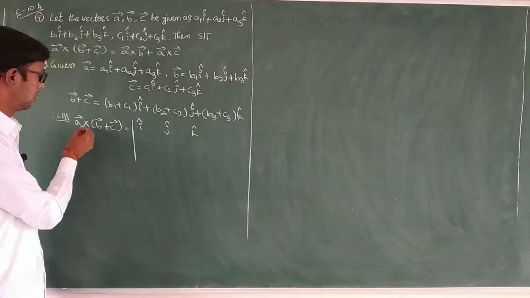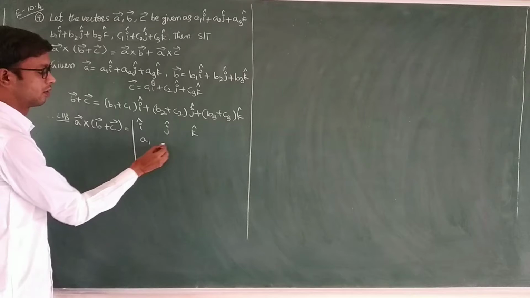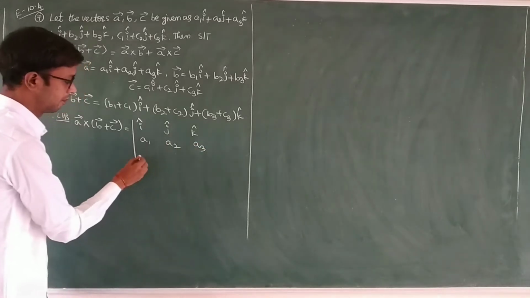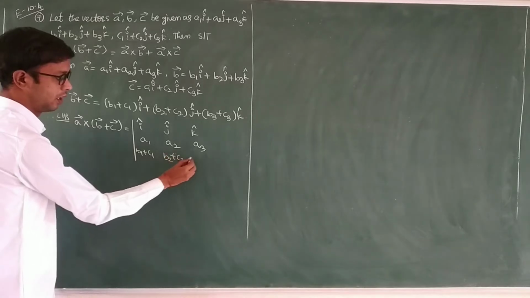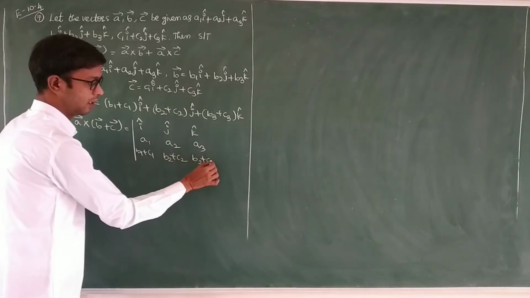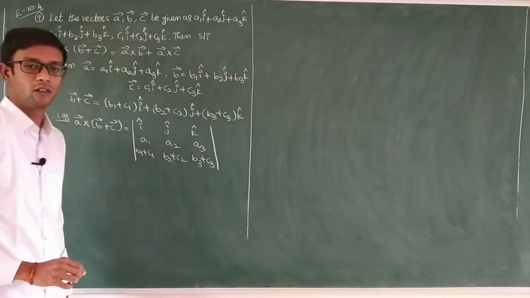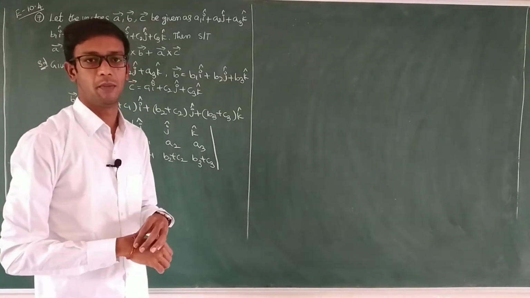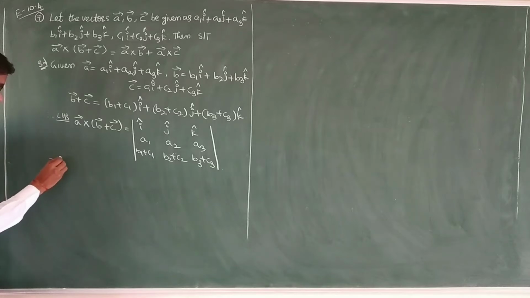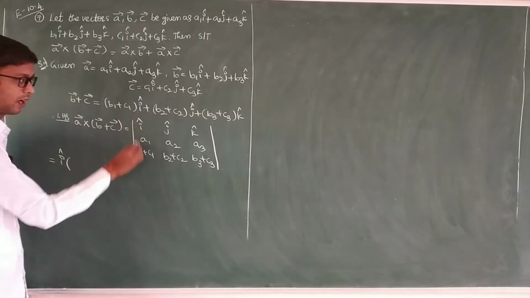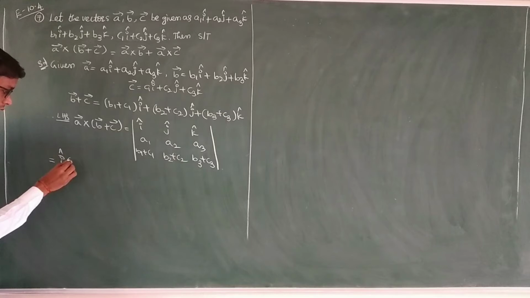Next step, A1, A2, A3, B1 plus C1, B2 plus C2, B3 plus C3. So now you have to make the simplification by using the determinant concept. That is equal to i cap into how much you get?